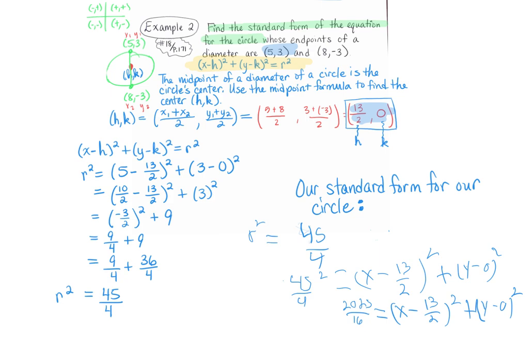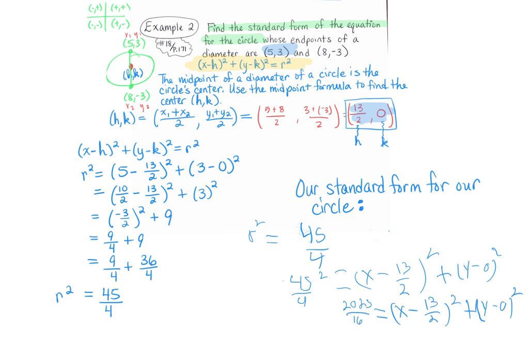So does she need to plug in anything else? No, that's standard form enough, I think. It's still standard form. You don't have to square the 45 over 4. It says standard form, not the formula.